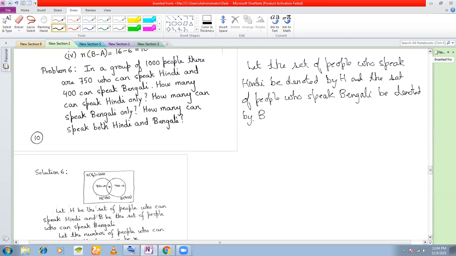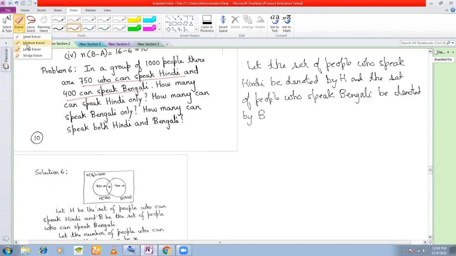Okay. So if a person can speak Hindi, does it mean that he cannot speak Bengali? No, he can speak both also. So when I say that in 1000 people, 750 can speak Hindi, that means there are some who can also speak Bengali, right? Also, 400 can speak Bengali, which means there are some in this 400 who can also speak Hindi, right?